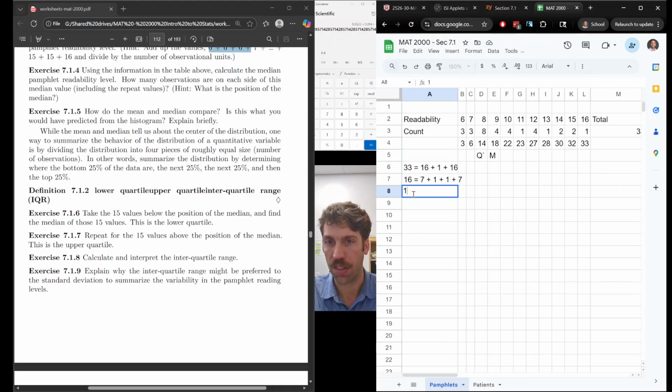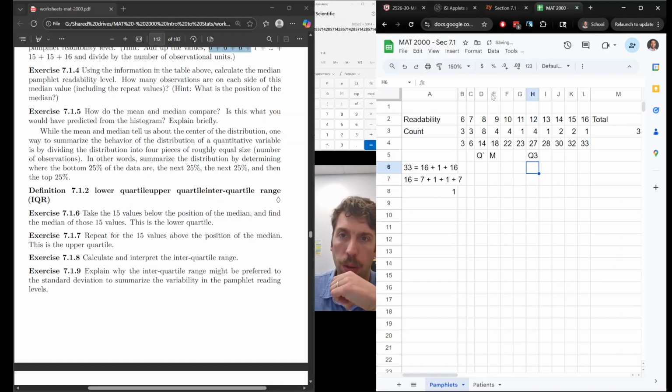So of the upper 16, I'm going down 7 and then the middle 2. So my middle one is the 17th, plus 7 is going to be 24. So that'll be in here. So 24 and then 25. So that makes my Q3 there. Okay.